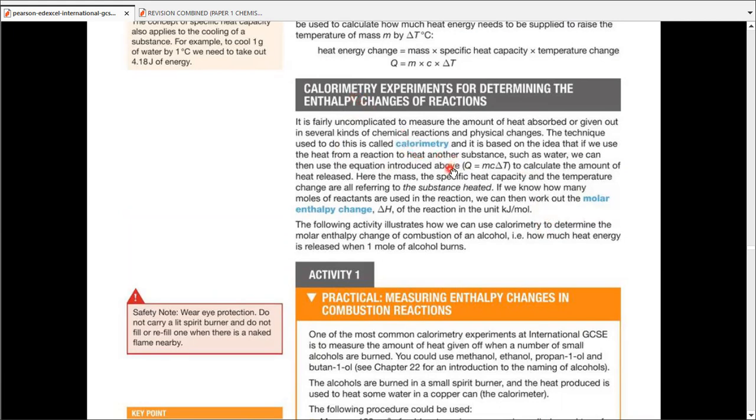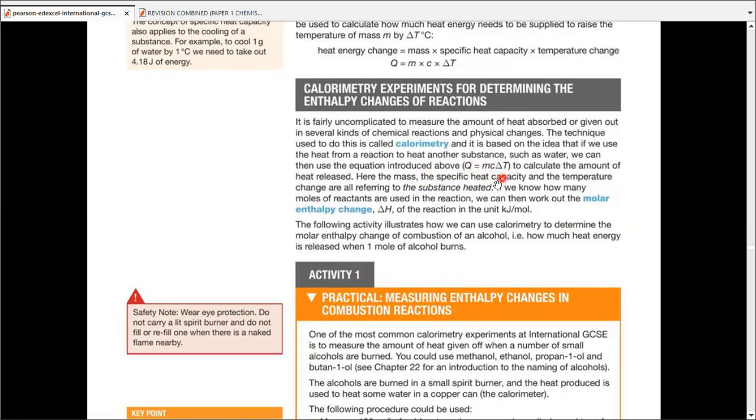Calorimetry are the kind of experiments in which we measure the amount of heat absorbed or given out in chemical reactions or physical changes. The technique is based on the idea that when the heat of a reaction changes, either the temperature went up, it was an exothermic change, or the temperature went down, it was an endothermic change.